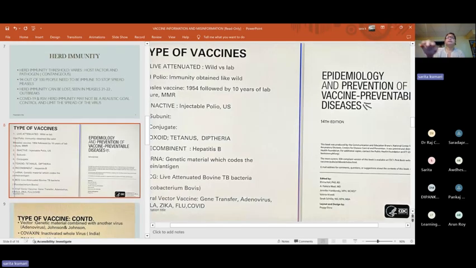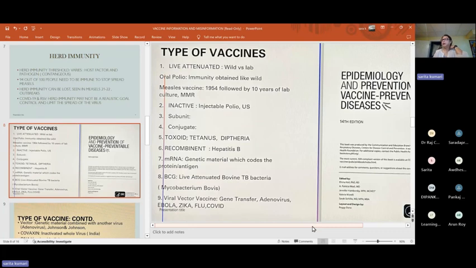So then, what types of vaccines do we have? Another very important point is that all the vaccines we have, including the COVID vaccine, are not new types of vaccines.